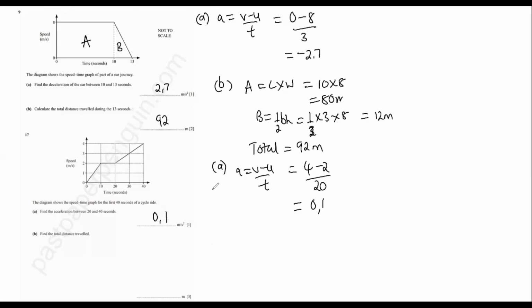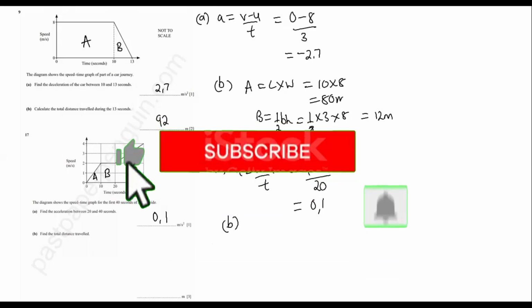And then the total distance traveled. I want to split it into 3 shapes: triangle, rectangle, and trapezium.